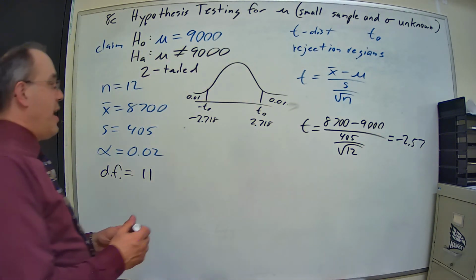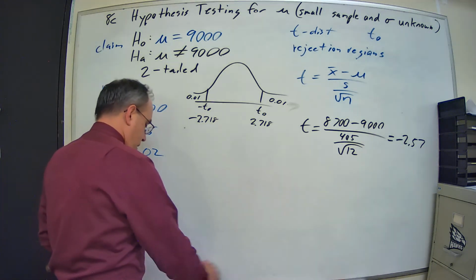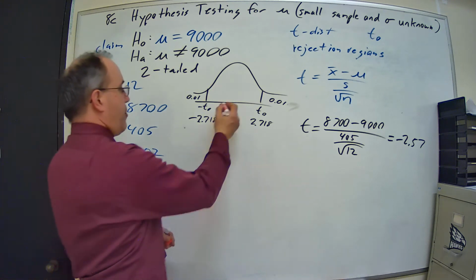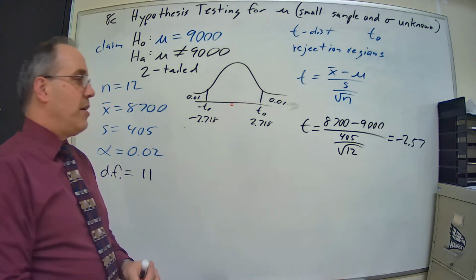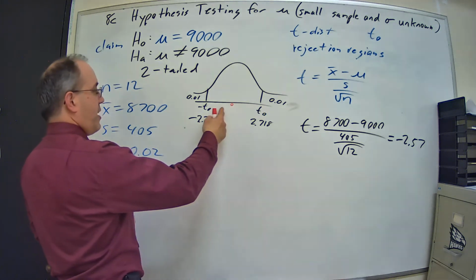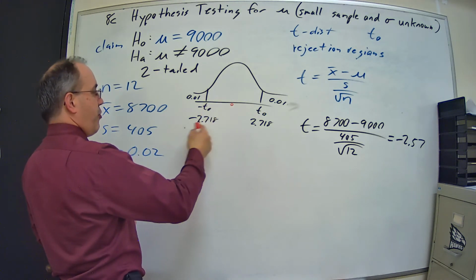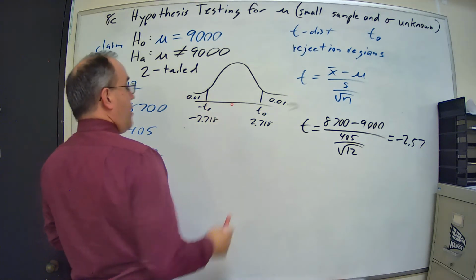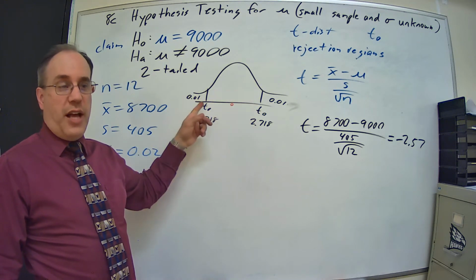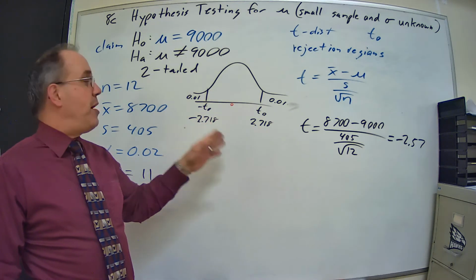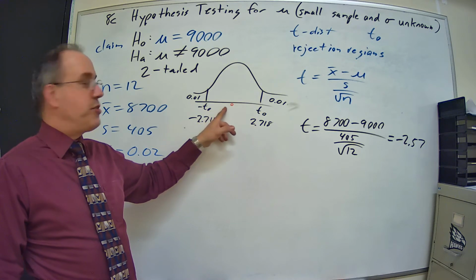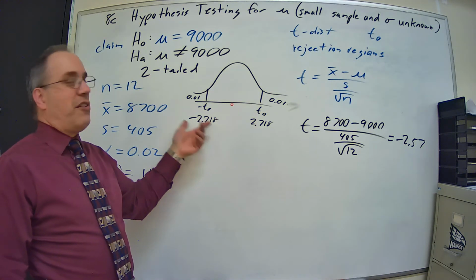Now that we have that, we can put that into our distribution. Remember that center is 0. So if we have negative 2.57, 0, we get to negative 2.57 before we get to negative 2.71. The reason I always put the 0 in here is mainly because of the negative side. Because we have to remember that smaller negative numbers closer to 0 are the larger numbers.